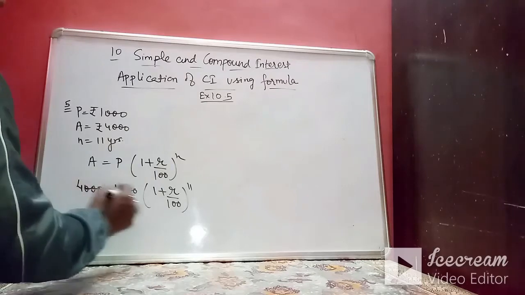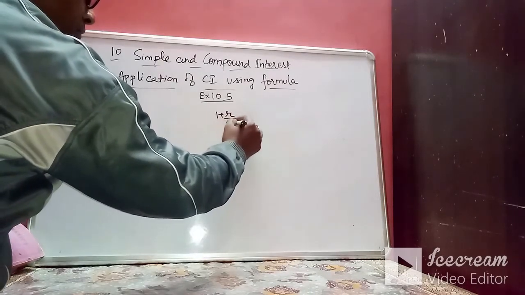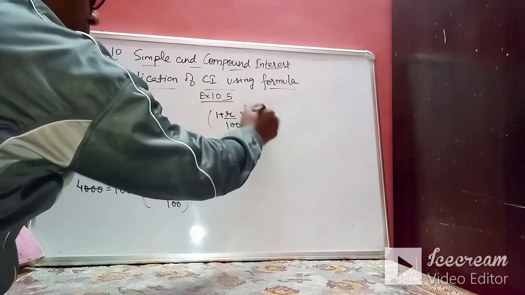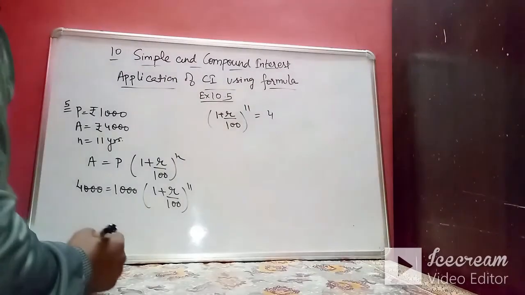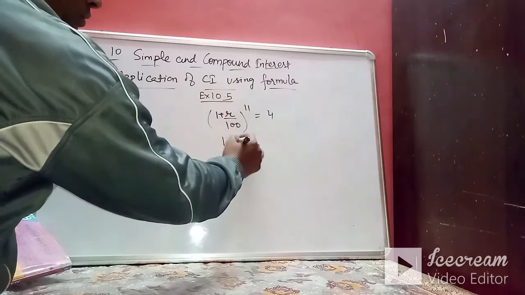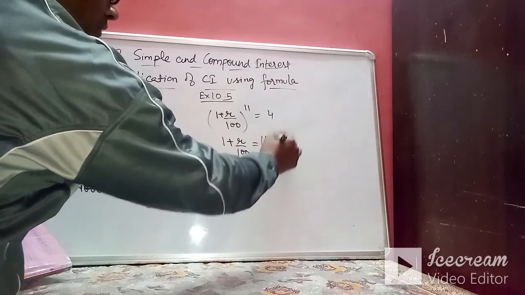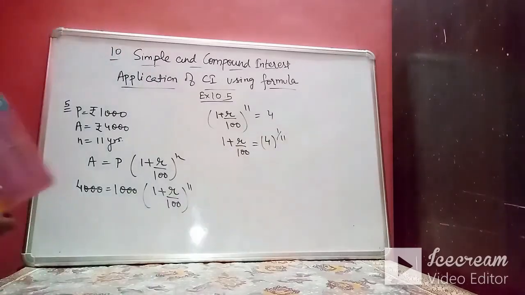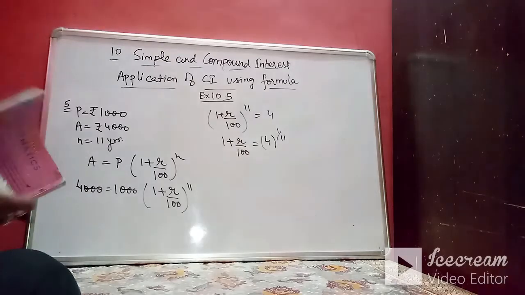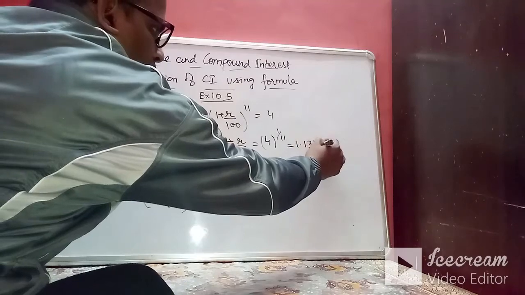So these three zeros will cancel. We have this value equal to 4. Now in order to remove this power, we will put the power 1 upon 11 on 4. And its value is given as 1.1343.